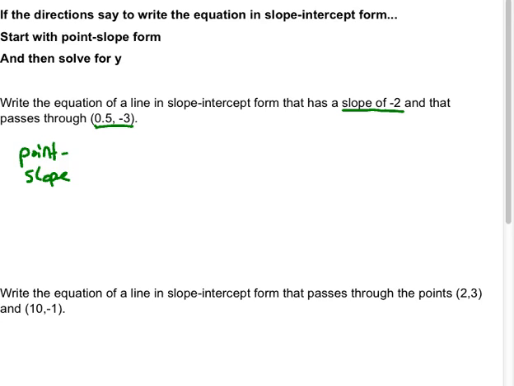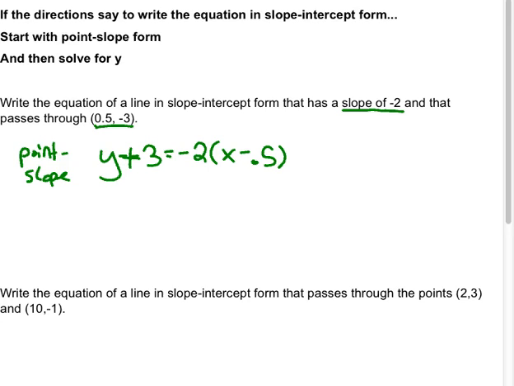So I always focus on the given information, okay? What has been provided for me. So y minus the y value from the point equals the slope times x minus the x value from the point, and then clear up that double negative.